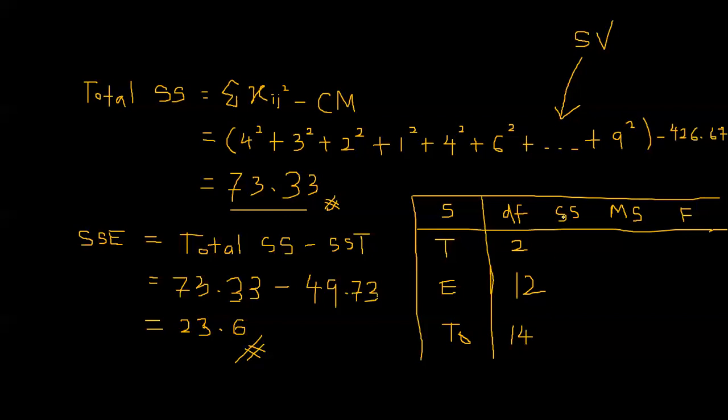So what is the value of SS? We already get the value of SS. So just convert it in this ANOVA table. So that is 70. Sorry, the value of SST.